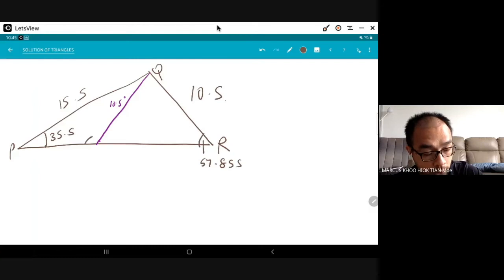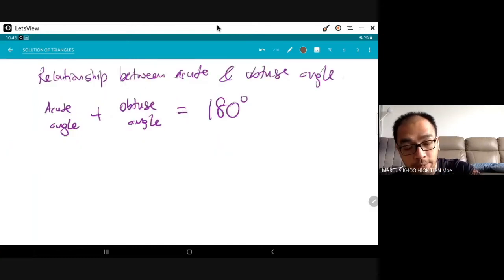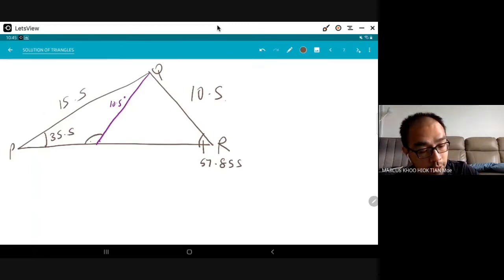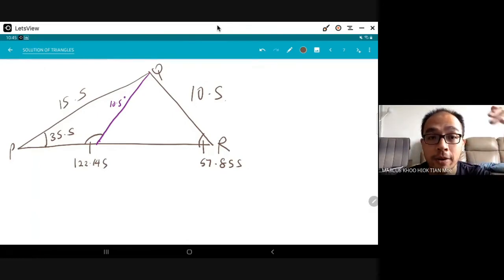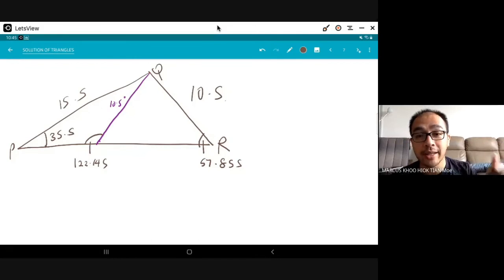And then this one, which we found from here, is 122.145. Now, do you notice anything interesting about this triangle that I combined?